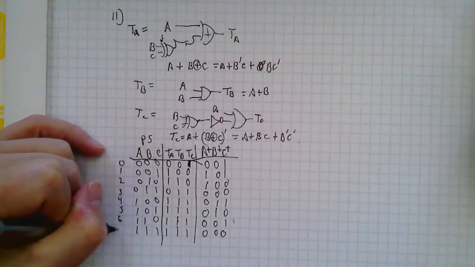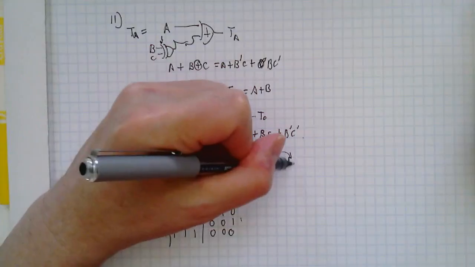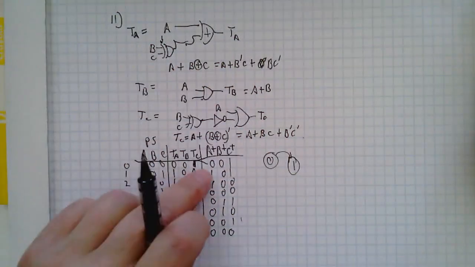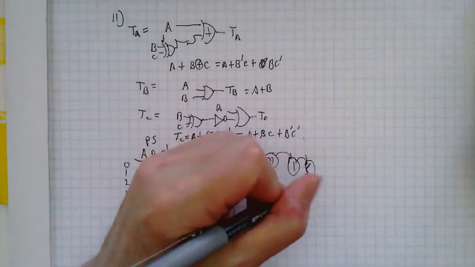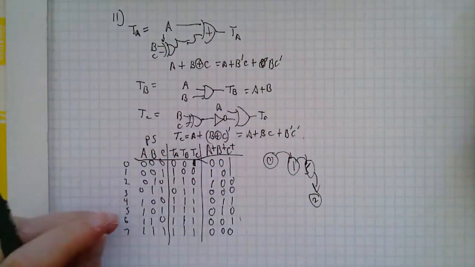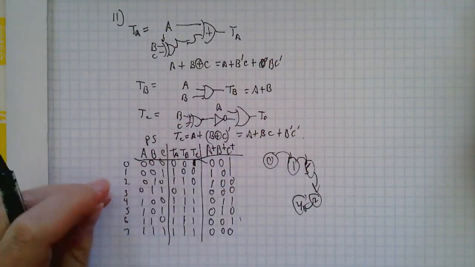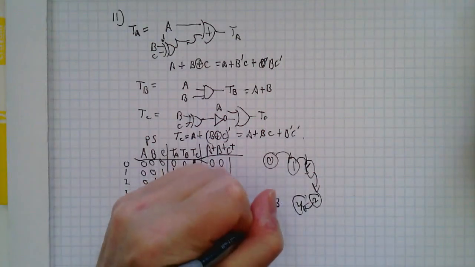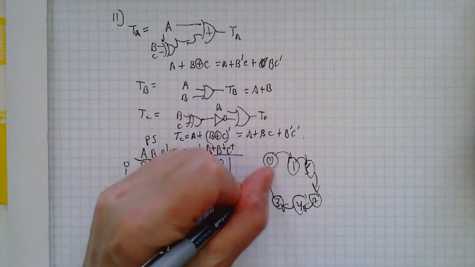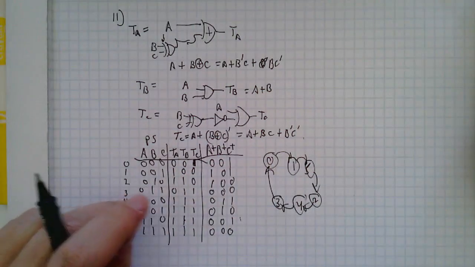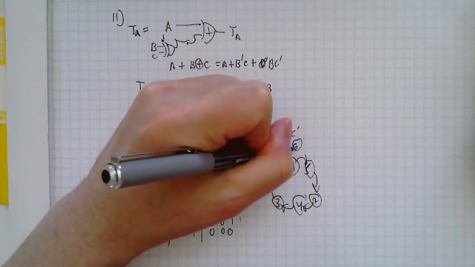So 0 goes to 1. 1 goes to 5. 5 goes to 2. 2 goes to 4. 4 goes to 3. 3 goes to 0. And what am I missing? Well, 6 goes to 1. 7 goes to 0.